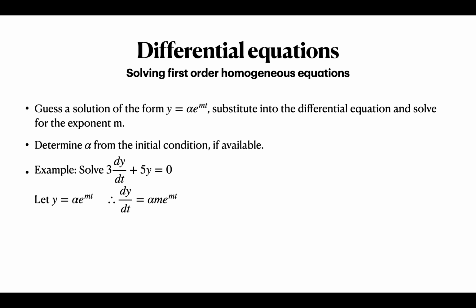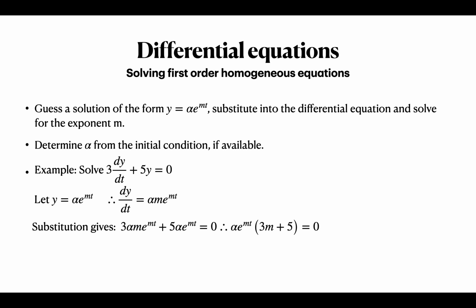And now we can substitute in. When you substitute in here, guys, you can bring the alpha exponential mt term outside the brackets because they're common. What you're left with inside the brackets then is 3m plus 5. Now, alpha can't be 0 because that would be the 0 solution. Exponential is never 0 because it's the exponential function.